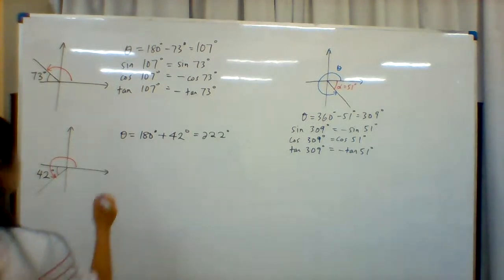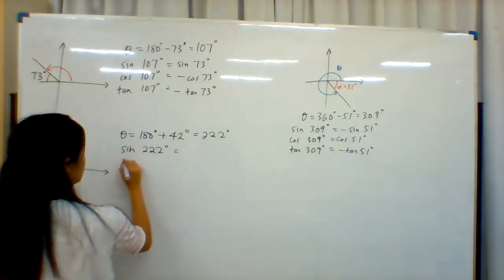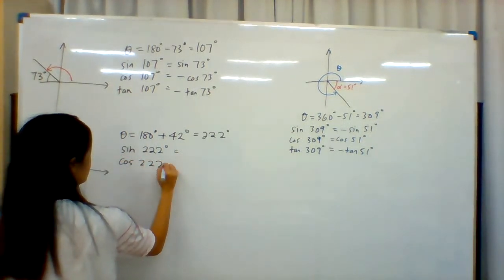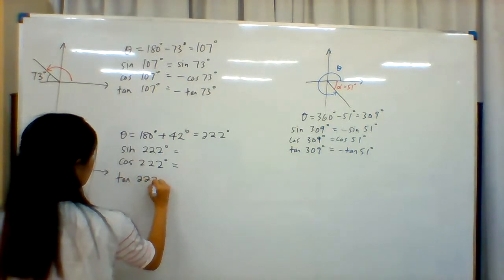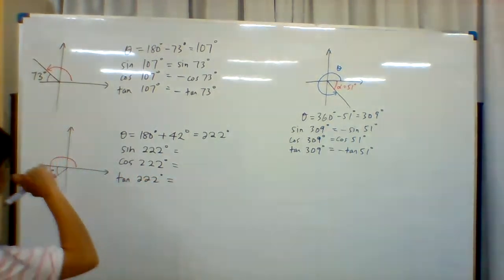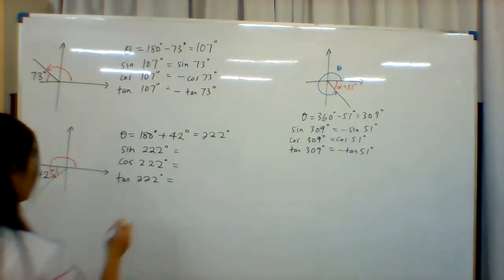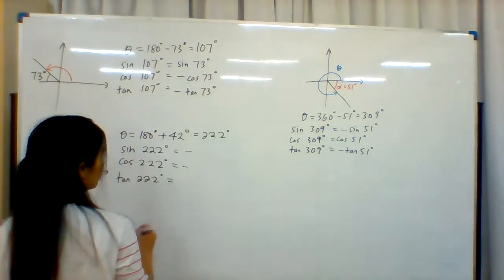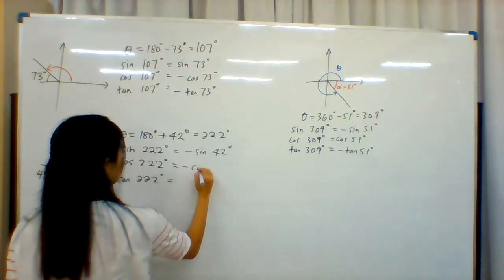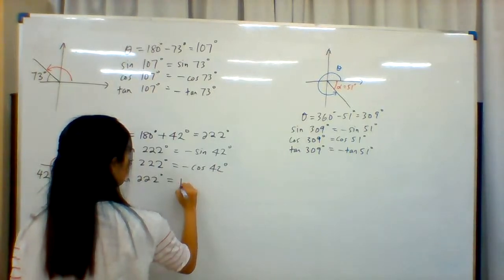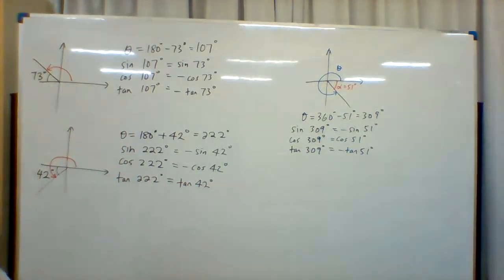And then again, in the third quadrant, T is positive, right? Tangent is positive, the rest is negative. Sine of your basic angle, okay or not?